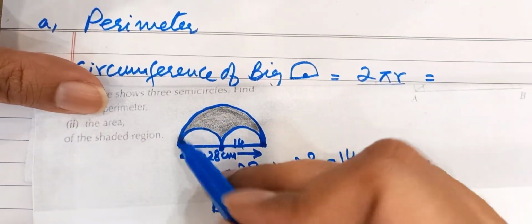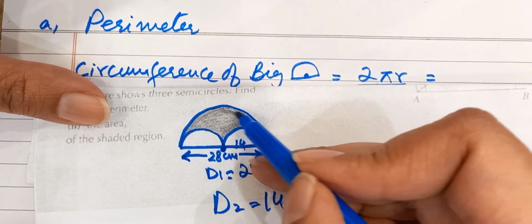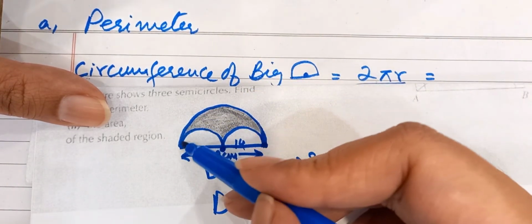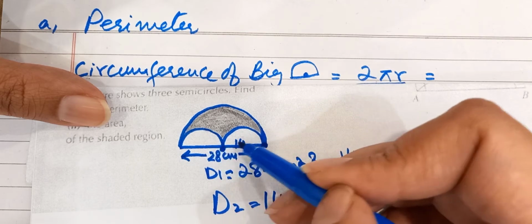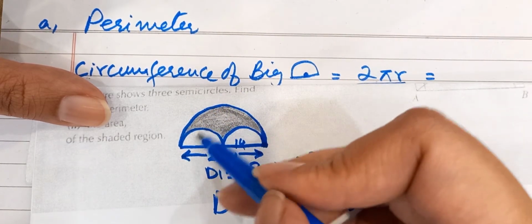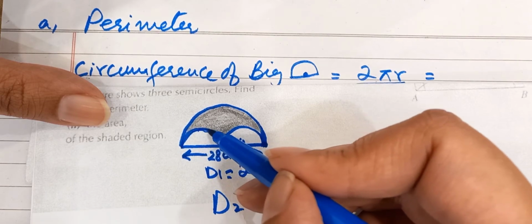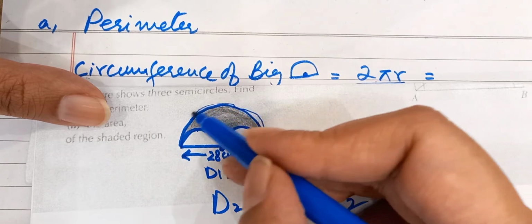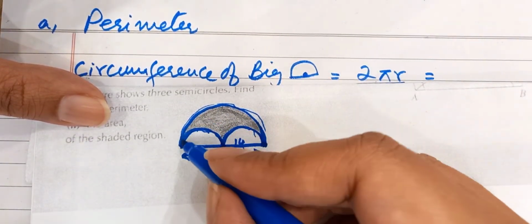Now we have to find the perimeter of this shape as well. Perimeter is the sum of the outer boundaries of any shape. We are not concerned with these white semicircles. What we are concerned about is the outer boundary of this and this.